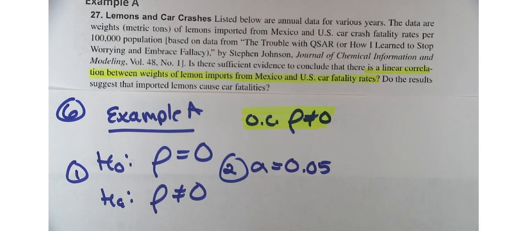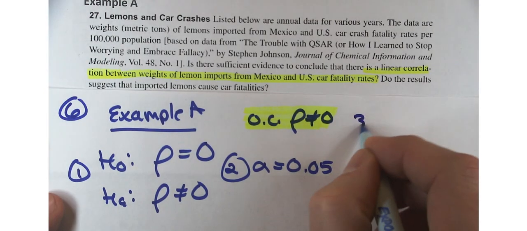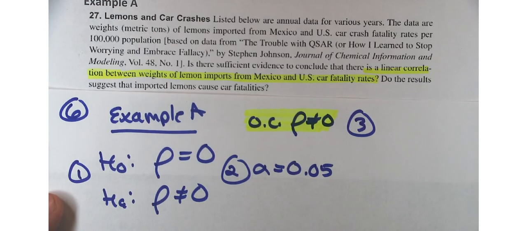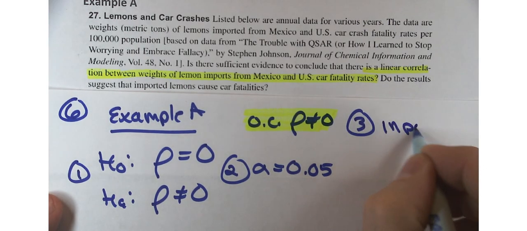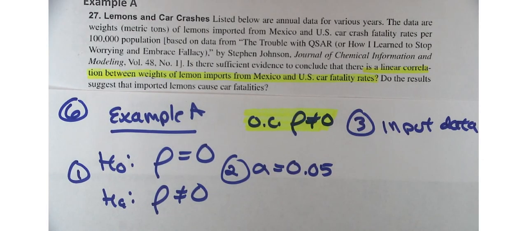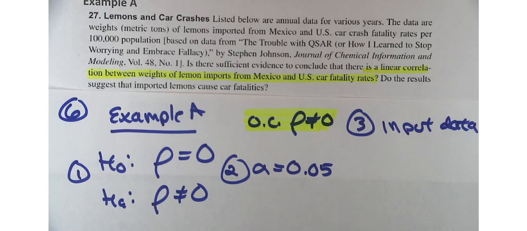Let me swing it back over here. Derek, what's our third step, typically speaking, when we do these hypothesis tests? Yeah, input the data. And fortunately for us, you should have that data in the Google link that I shared with you. So it's over here.